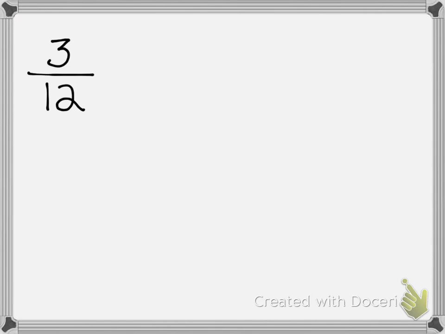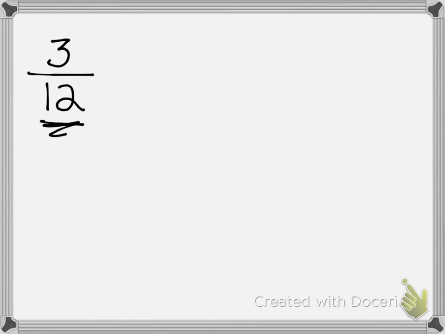Here's another fraction, 3/12. I want to be able to change 3/12 into a decimal. But in order to do that, I need to find the equivalent fraction to 3/12. I'm going to have to simplify 3/12, because if you look at the denominator, there is no 10, or 100, or 1,000.